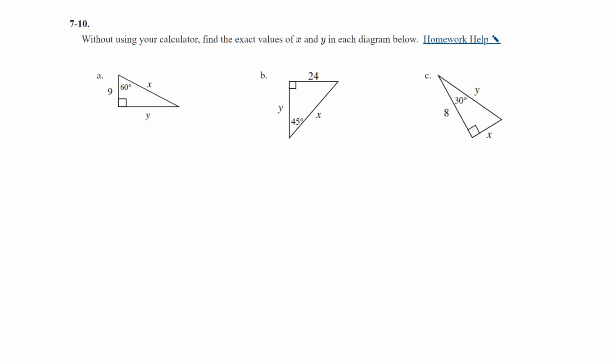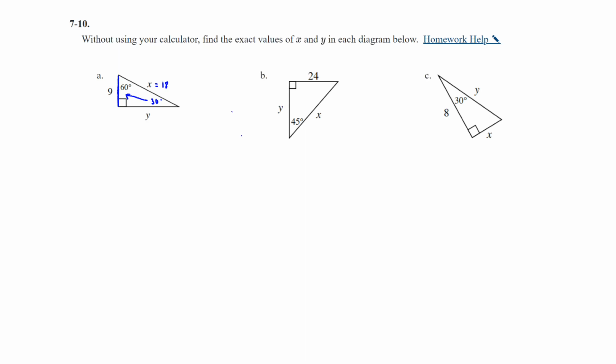So this is example A, it's a 30, 60, 90 triangle. So 9 represents the short leg of the triangle because it's across from the 30 degrees. What we know about that is that the hypotenuse is twice the short leg. So x is going to be equal to 18.